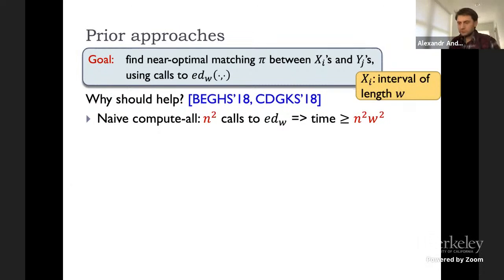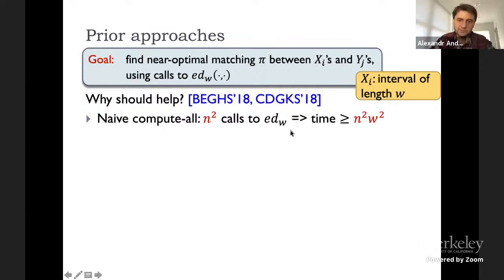So the first naive thing to do is to say, well, we have substrings of x and y. Let's just compute all possible pairs, right? So there are n substrings xi, for all starting positions i, n substrings yj for all starting positions j, and there are n squared pairs for which we compute edit distance. This is n squared calls to computing edit distance.